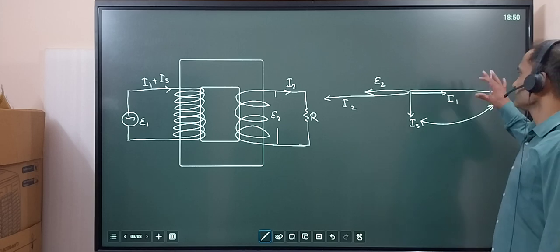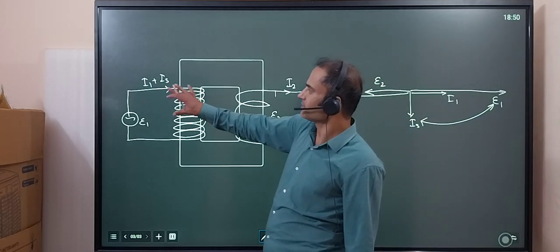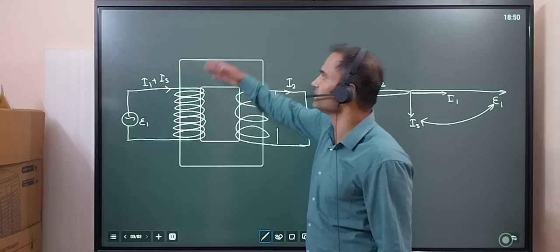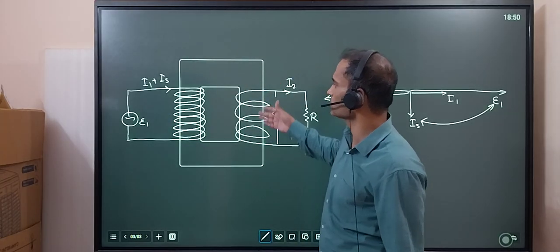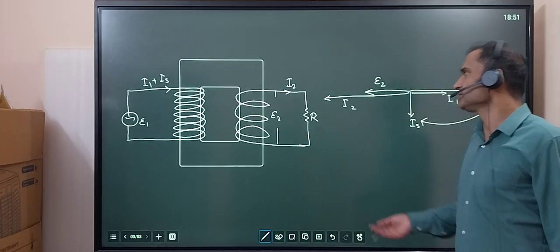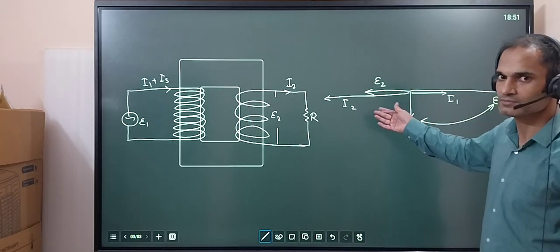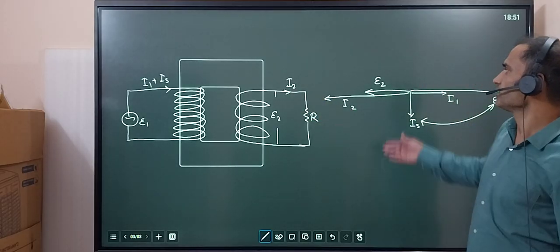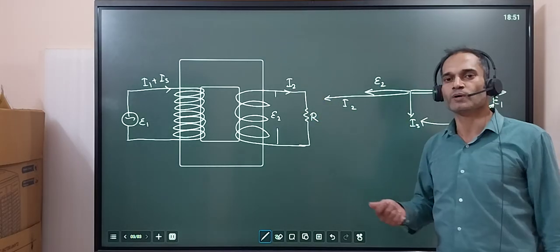The primary winding will get power from the source, but it will not use the power. It will deliver it to the secondary, and here the same power will be delivered. The power delivered here will be E2 I2.